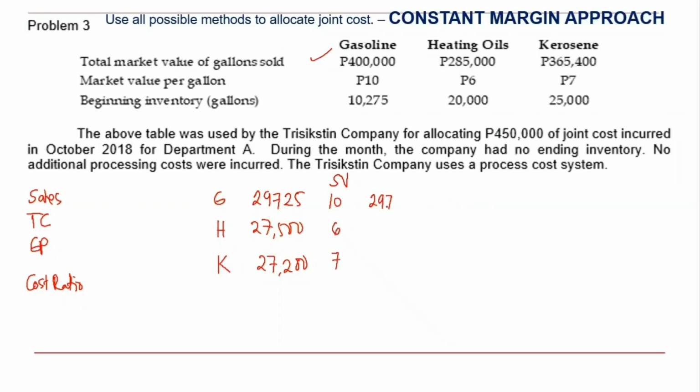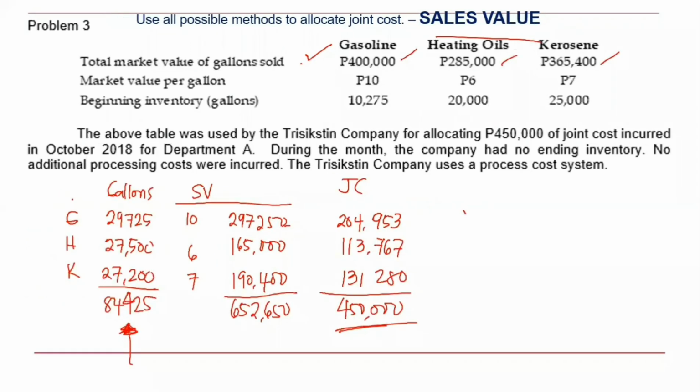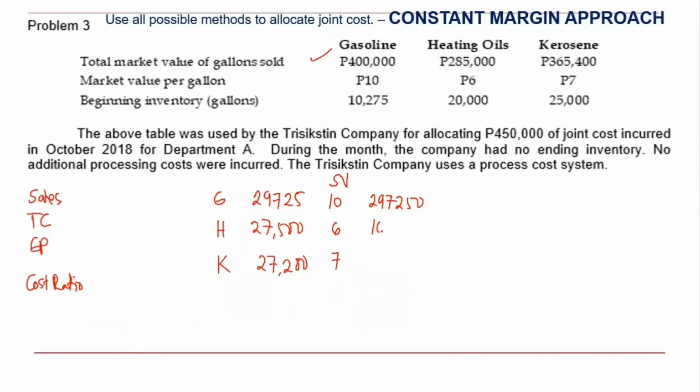So it's 297,250. Magkano tong isa? Silip tayo, 165,000. Magkano isa? Silip tayo, 190,400. And magkano yung total natin? Silip ulit, 652,650. Ayan. So yan yung sales na ilalagay natin.